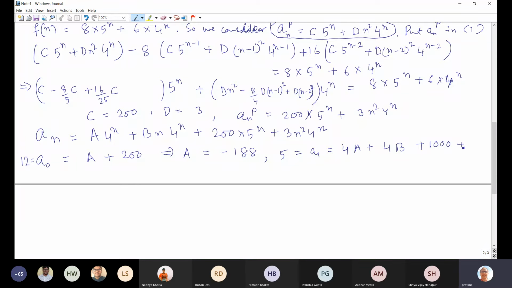So this value is 12, right? N is equal to 1 here to substitute. So tell me what value you are getting, and the value of A we have already obtained, that is minus 188. Here you simplify and tell me what is the value of B here. Minus 255. Minus 255, is it correct?